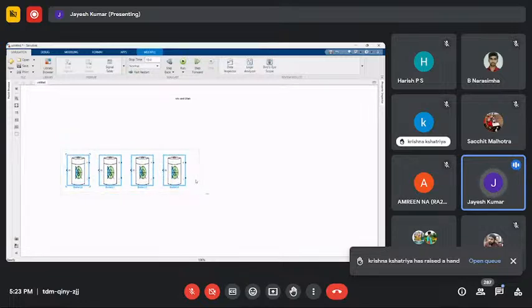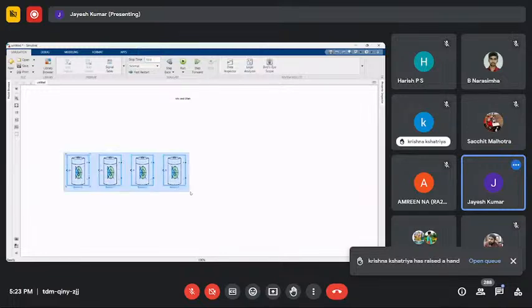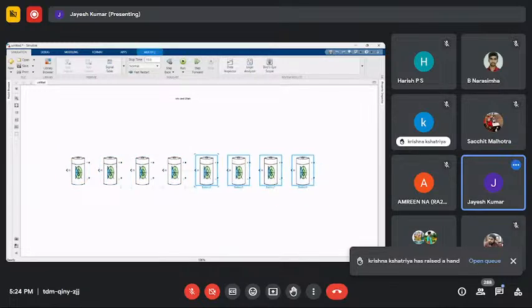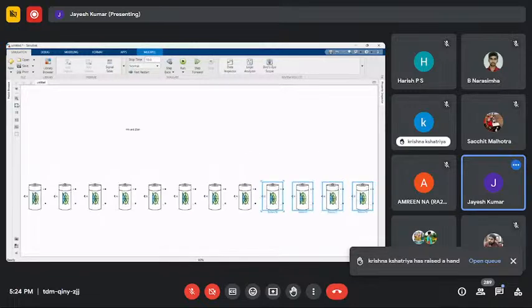So I simply copy this, and I set all the 12 batteries, 1, 2, 3, 4, 6.